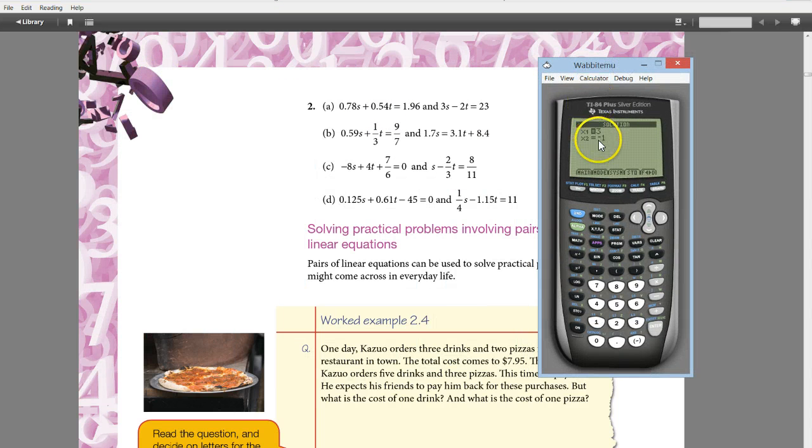You can also have p's and q's and whatnot. Just remember that the coefficients have to be aligned. I press main here. On this one we have the coefficients that belong to the s's, and these belong to the t's, and this is the number you have on the other side.